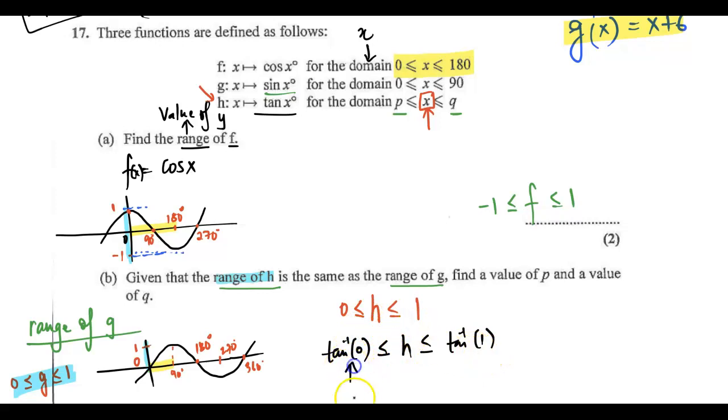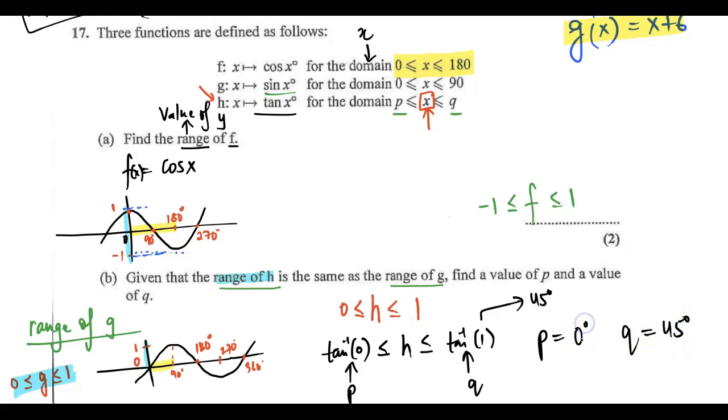Tan inverse 0 is 0, and tan inverse 1 is 45 degrees, because tan 45 is 1. That means the value of p is 0 and q is 45 degrees.